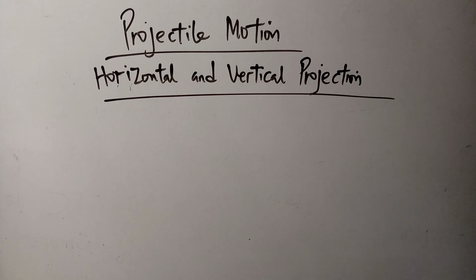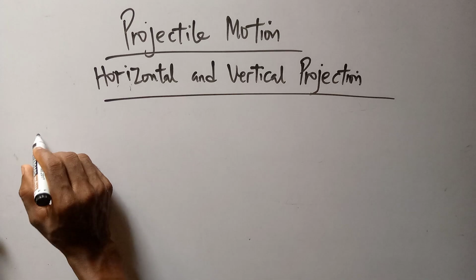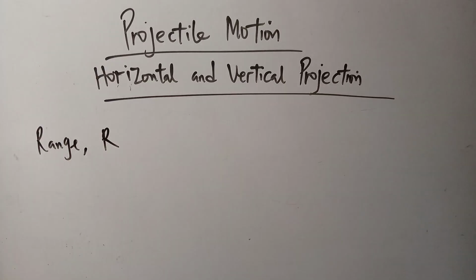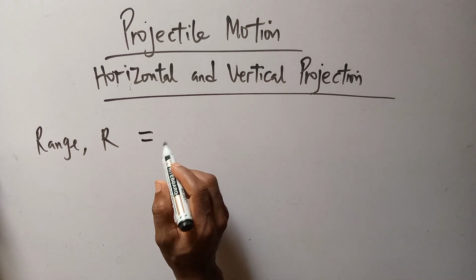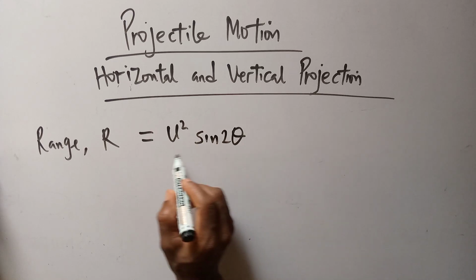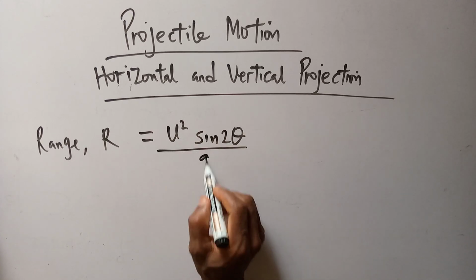Now, how about if a question is from projectile motion? I'll give you the basic formulas we need under projectile motion. First is the range. When the question says to the horizontal, when the object is projected horizontally, the formula will be given as u squared sine 2 theta divided by g.